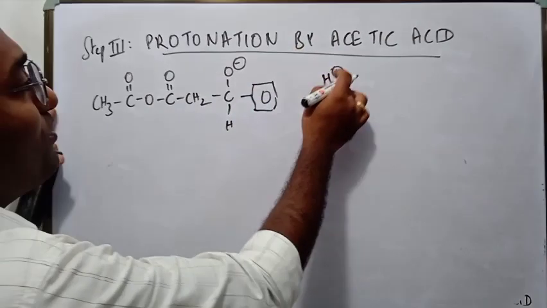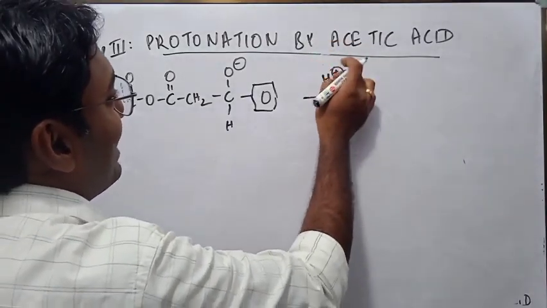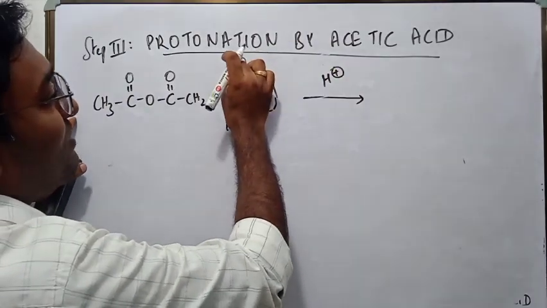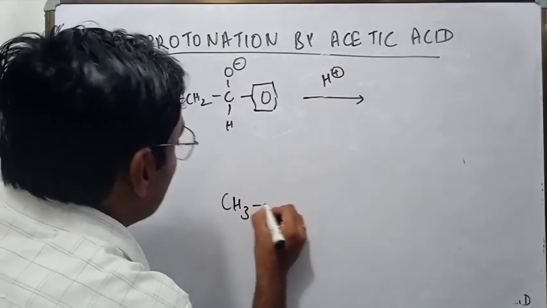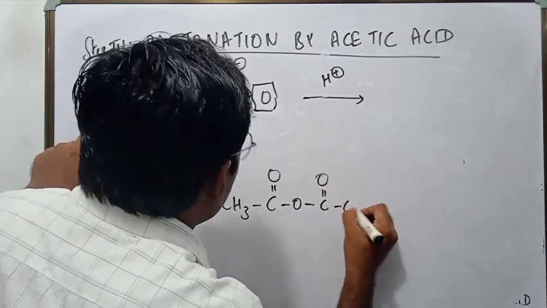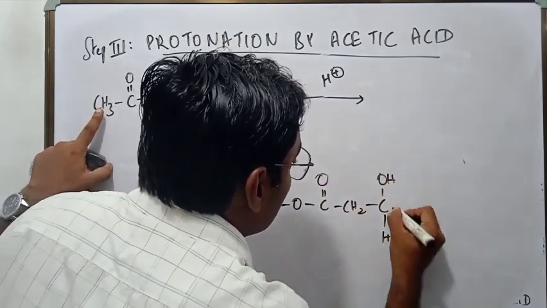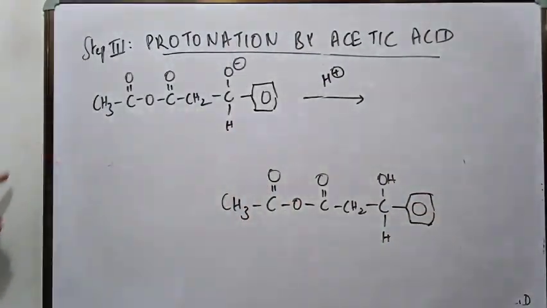So now this H plus will do all the things here. It will combine with the electron pair, and it will combine with the oxygen. So now what we get is this. So now we got this compound. This is the compound that we got now.